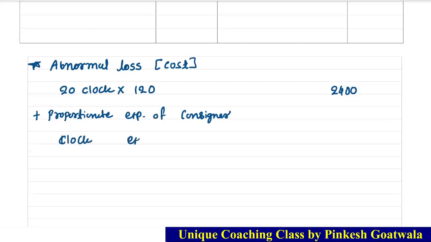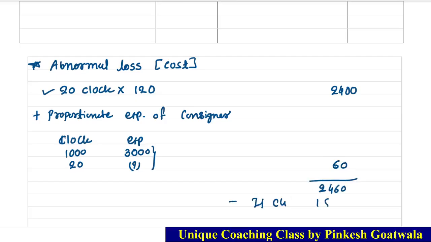So here for 20 clocks, how much? It will be 60. So total 2,460. Then insurance company claim 1,800.